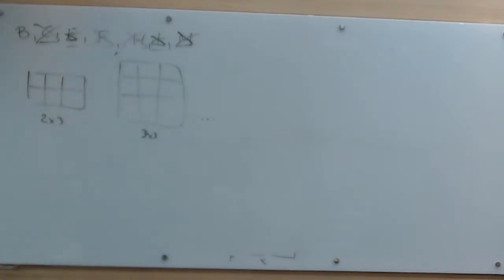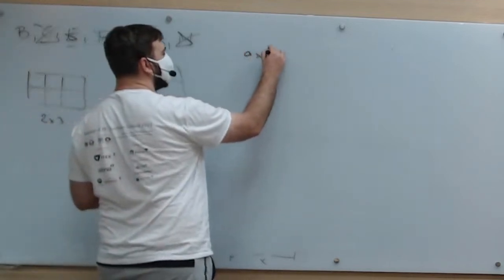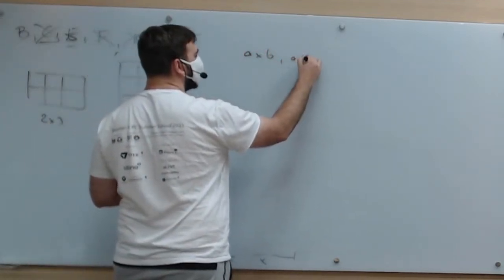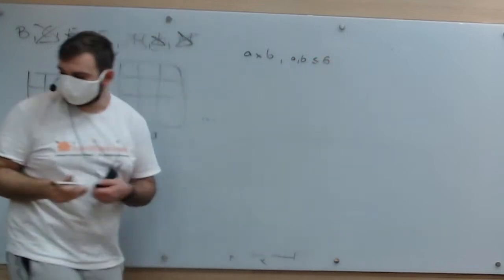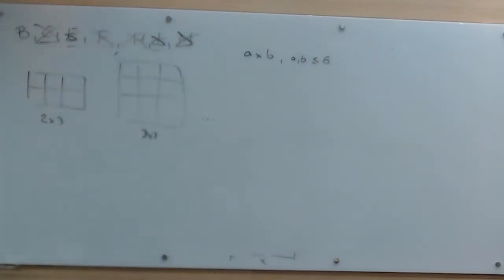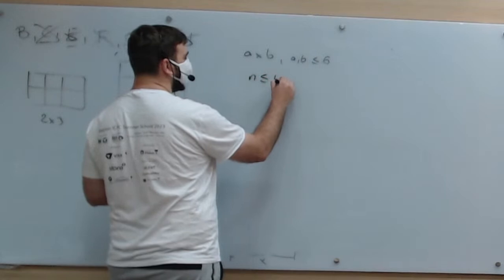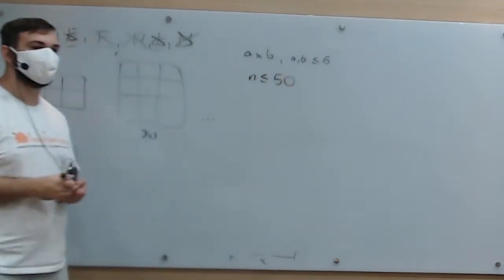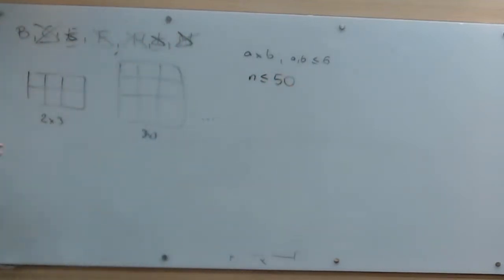There were some limits on the size of the tables and on the number of them. Okay, so the sizes were A times B, where A and B were no greater than 6. And we had at most 50 chocolates in total. Not pieces of chocolate, but tables of chocolate.